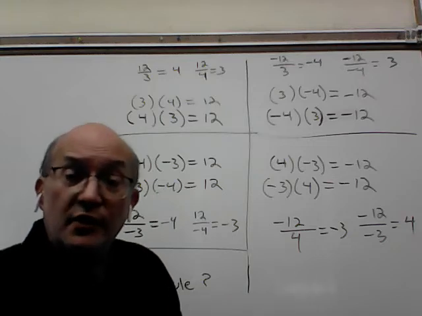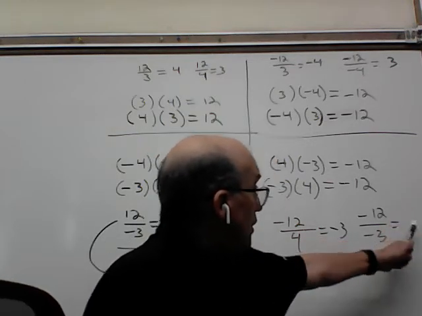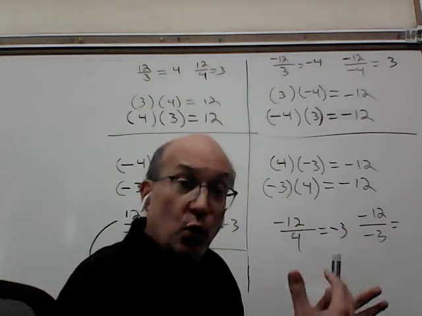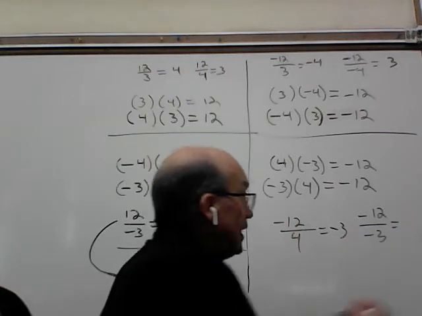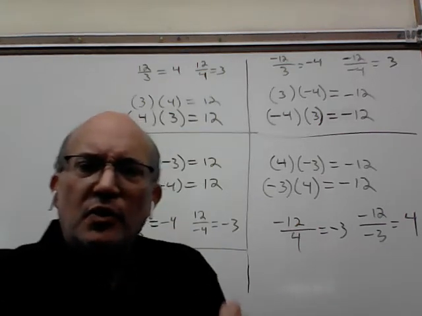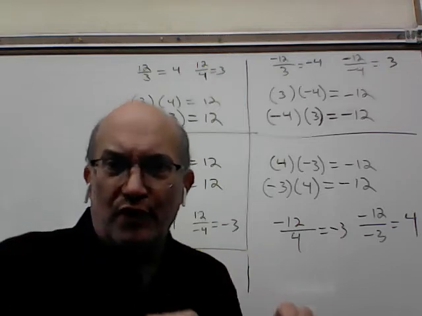But you can also see it in this way. The quotient here, you have to be able to multiply it by -3 to get -12. So what is that number? What is the number you can multiply -3 by to get -12? And it's 4. So the point I'm trying to make is you don't really need a rule for division.